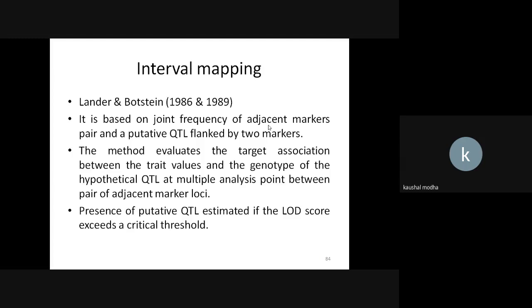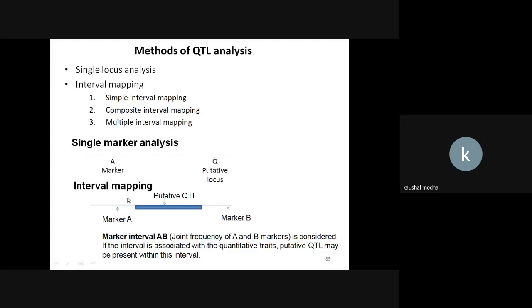So the joint frequency of these flanking markers is utilized. These markers are flanking the QTL locus, a probable QTL locus. Let us say in single marker analysis, we use one marker which is linked with the QTL, and in interval mapping, we utilize two flanking markers which may be harboring a probable QTL. So that's called interval mapping.